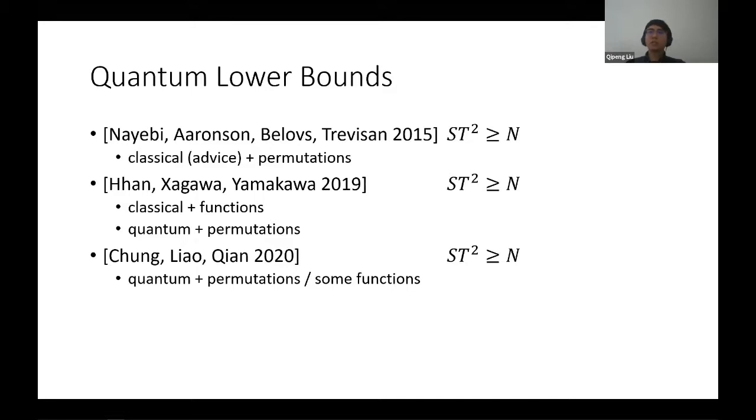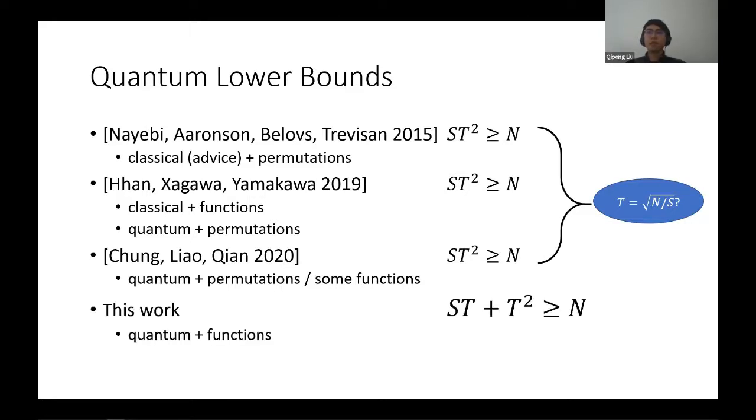And more recently, Chung, Liao, and Qian extended the result to the case of quantum advice with functions. It only applies to functions whose domain and range are of the same size. But they did not rule out the possibility that a piece of advice would speed up function inversion, because it is still possible that, having s bits of advice, a quantum algorithm only needs to make roughly the square root of n over s queries.